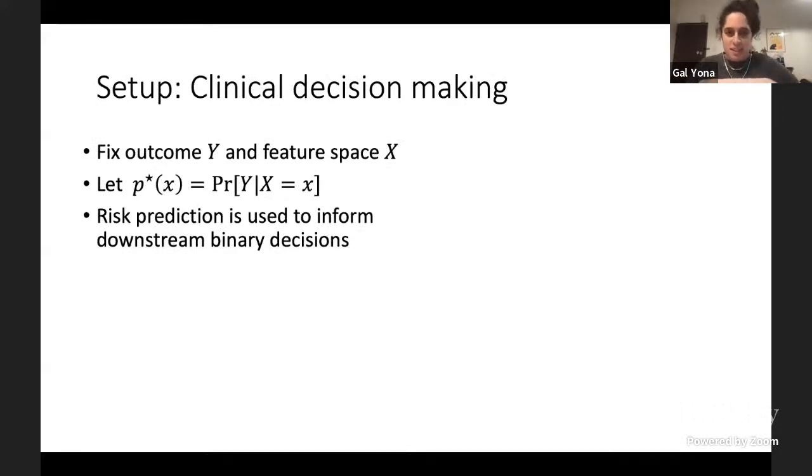So I'll make the setup a bit more formal so that we can actually go into some definitions. This is everything that I've already said. We have a binary outcome Y and a feature space X. We have this P star, and we're then going to use estimates of this P star to inform decisions.